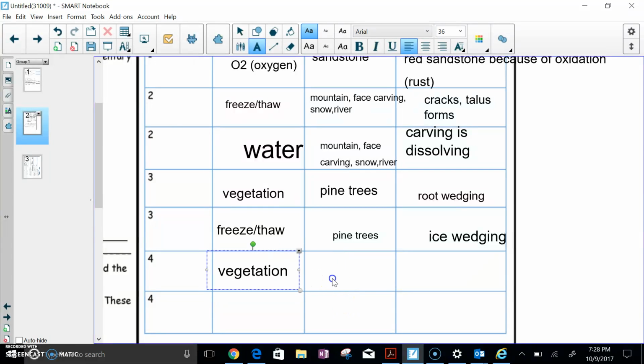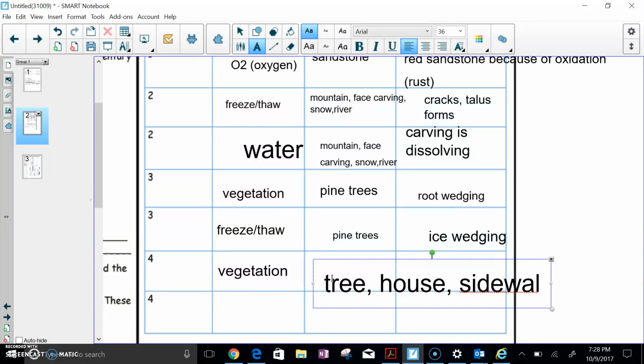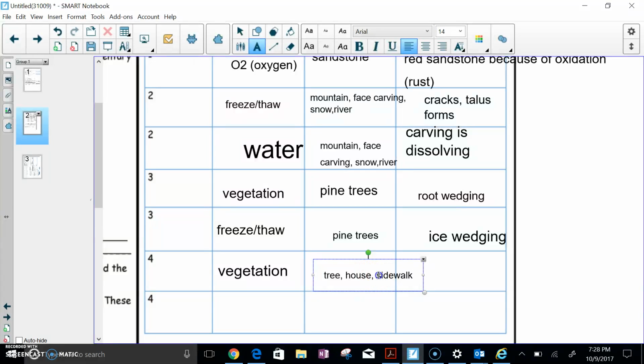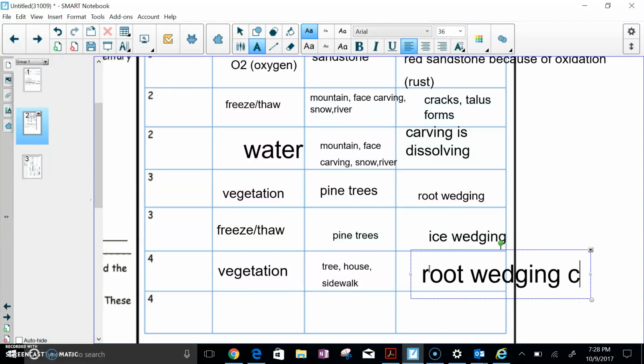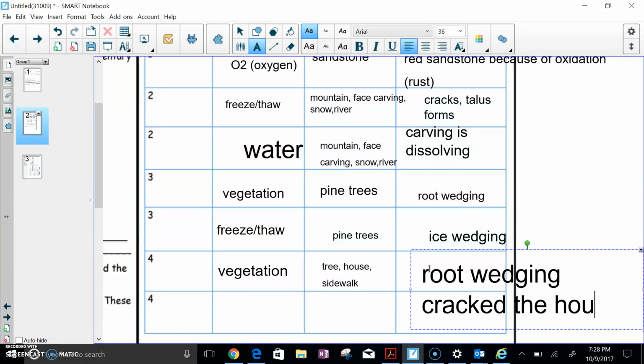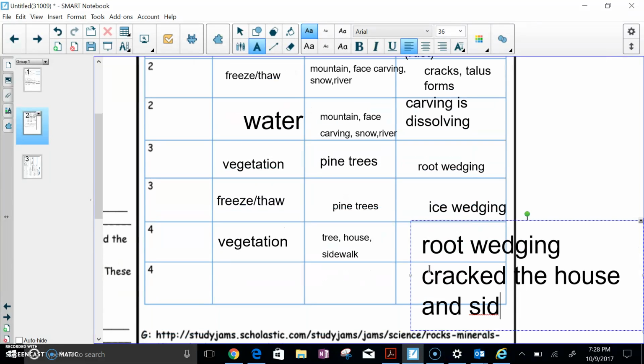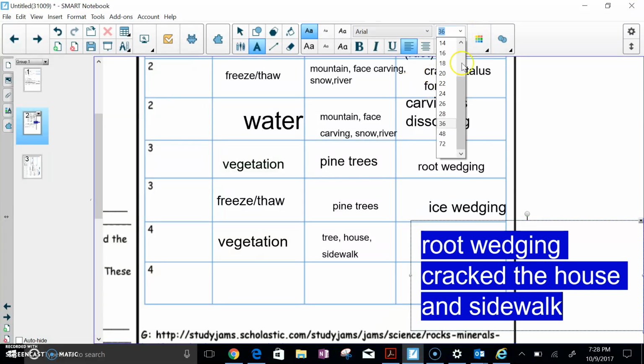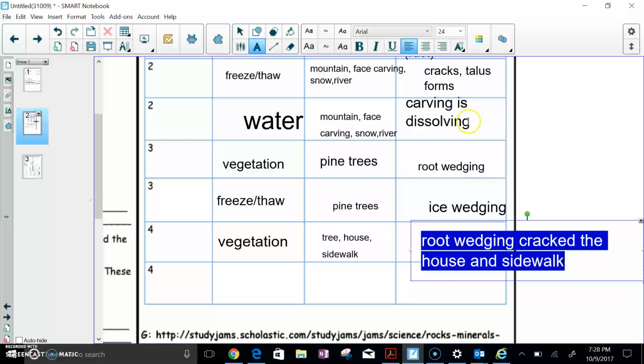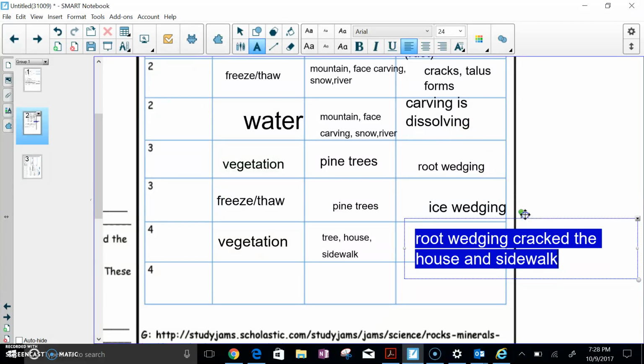We have a tree, a house, a sidewalk. The bike was not really affected, so we're not going to include that. So tree, house, and sidewalk. Now, the root wedging cracked the house and the sidewalk. Okay, and I'm going to just shrink the font down to 24. Okay, and fit that up there.